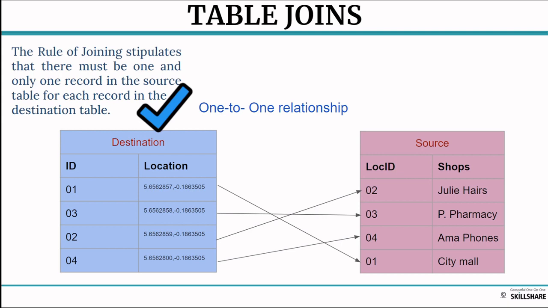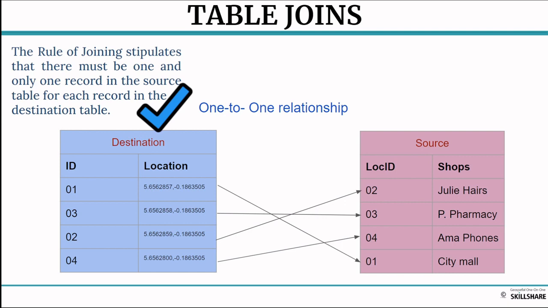Now let's talk about joins. We've talked about the linkages, the directions, and the keys. Now, how do we practically use them? The rule for a join is that there must be only one record in the source table for each record in the destination table.